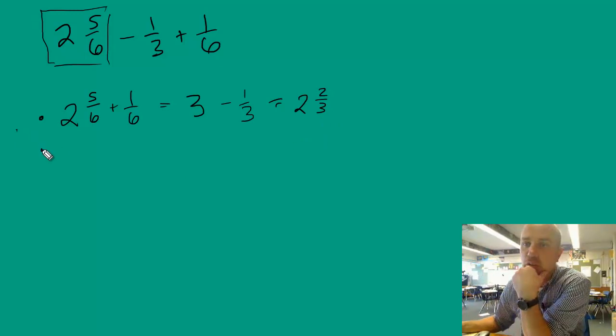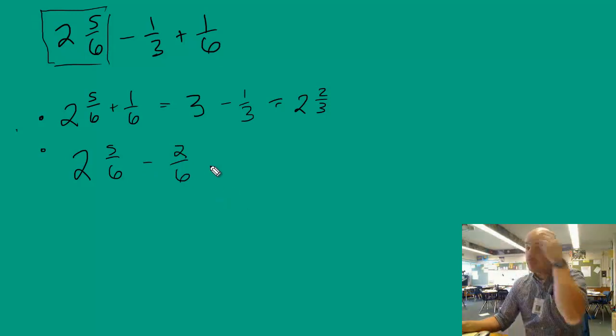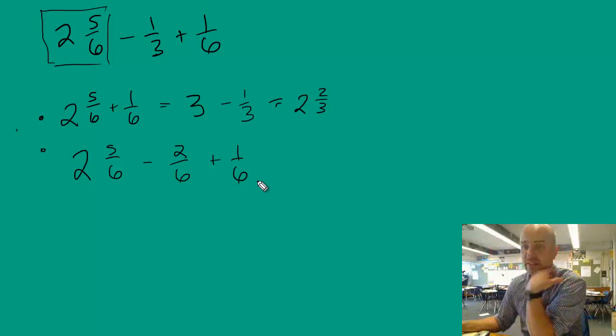Another way I could go about it would be, well, I can just change my 1/3. It's in the 6. I could just make that 2/6. That would be pretty easy. So I could take 2 and 5/6 minus, what did I say? 2/6 and plus 1/6.